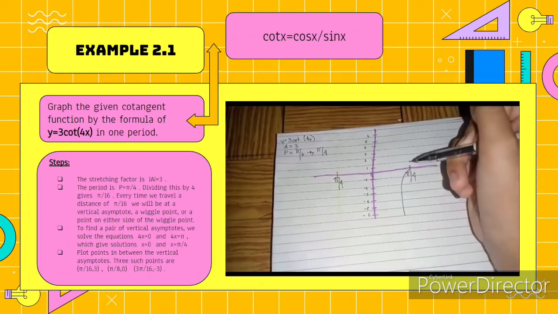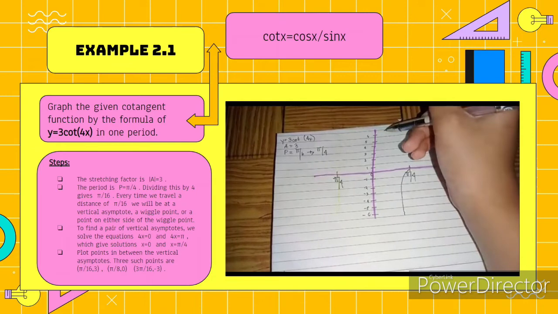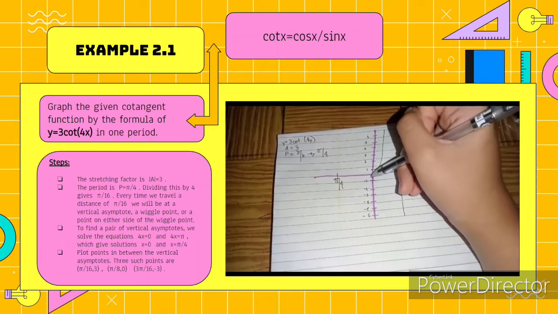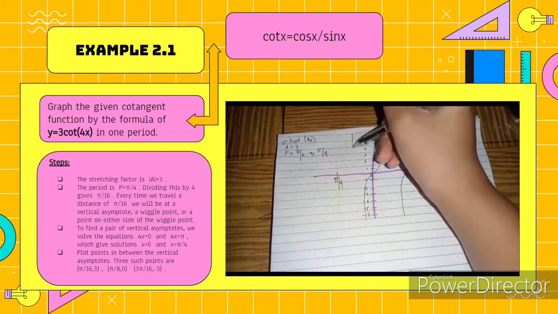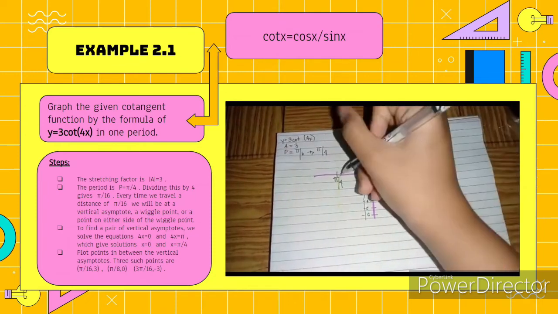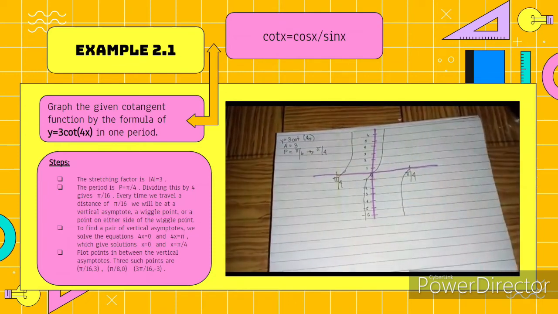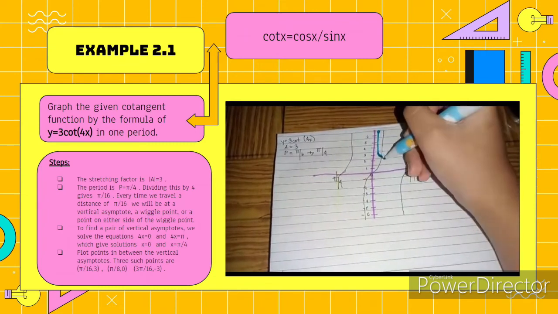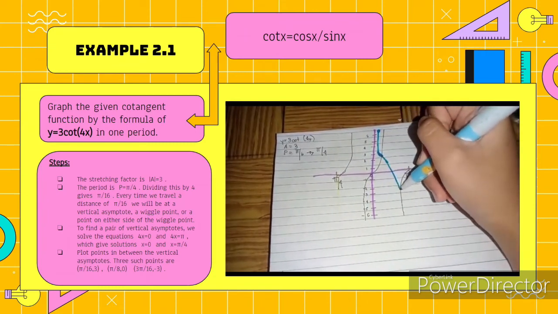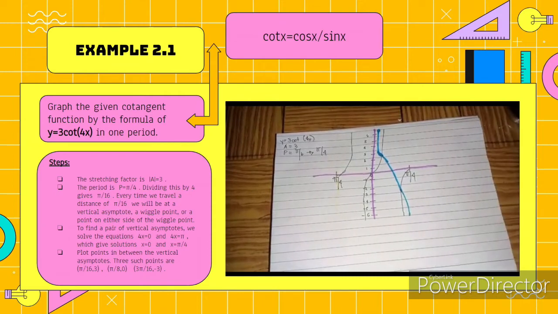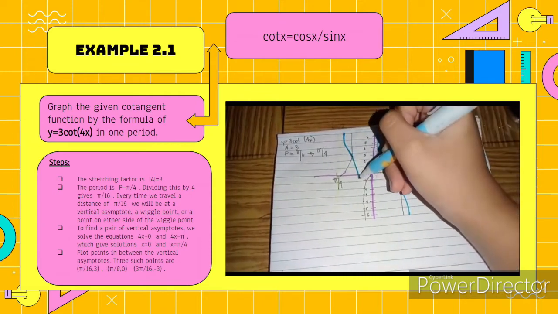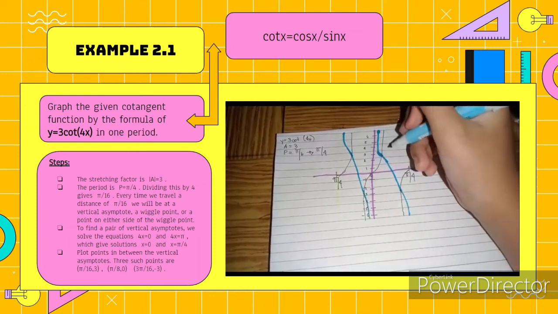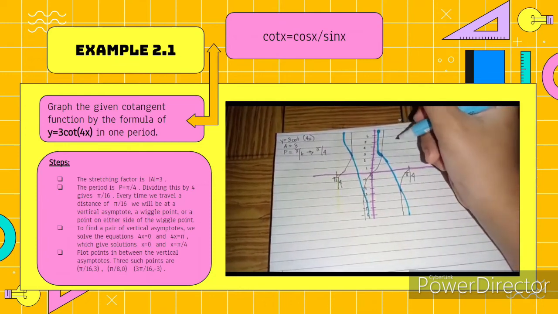Now I will first sketch the tangent graph to serve as our guide in sketching the cotangent graph. Now I will sketch our cotangent graph. So this is how our graph looks.